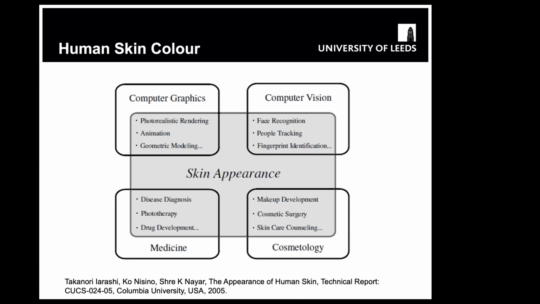They talk about how there are many different applications that require human skin color. For example, computer graphics, think about that, in 2005: rendering, animation, geometric modeling, they all require skin colors. In computer vision, we have facial recognition, people tracking, fingerprint identification.